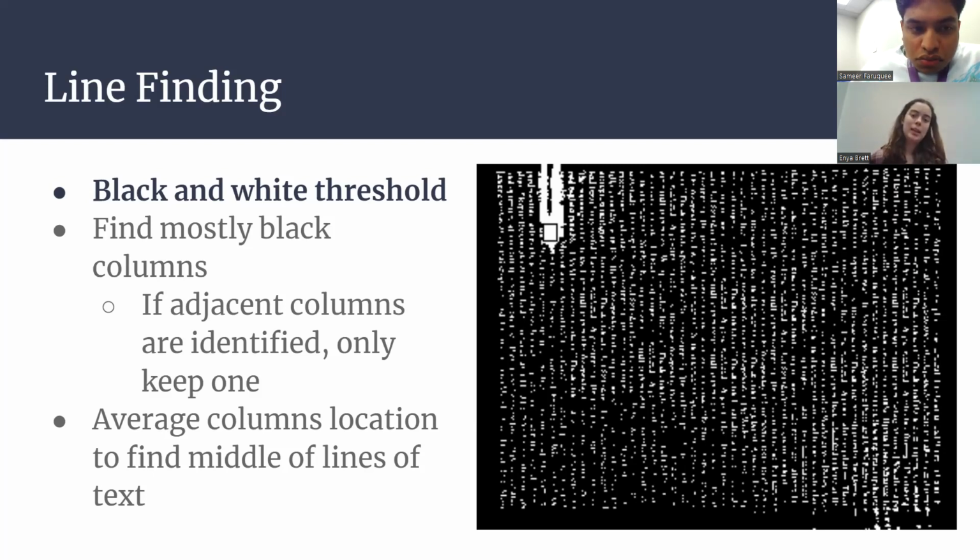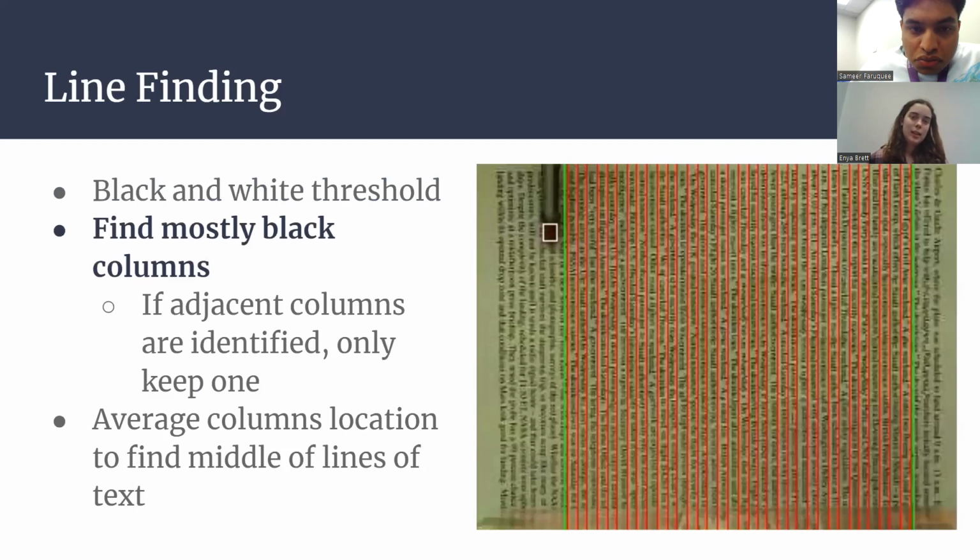Then what we did is we looked at each column individually to find which columns were mostly black pixels, so aka the space in between the black text. Each column individually was looked at, and after a little messing around with the numbers, it was determined that there were a few outliers with either parts of the letters that were hanging up or down into the middle of the line.